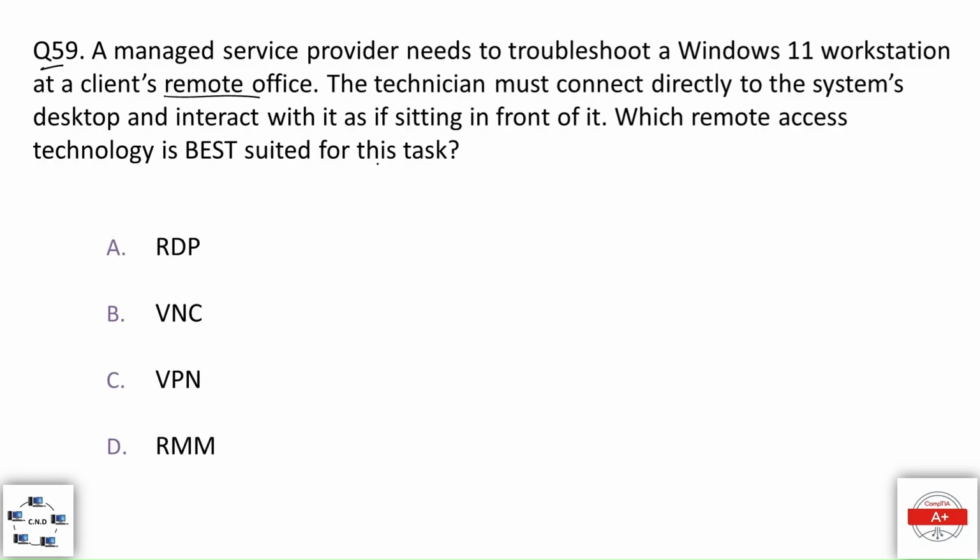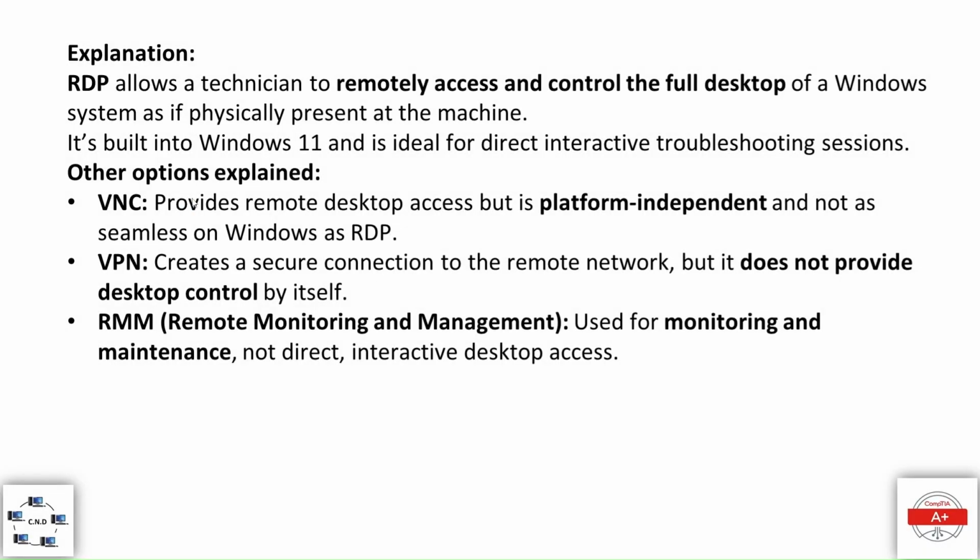And the options are option A, RDP, option B, VNC, option C, VPN, and option D, RMM. And the correct option is option A, RDP, that is Remote Desktop Protocol.